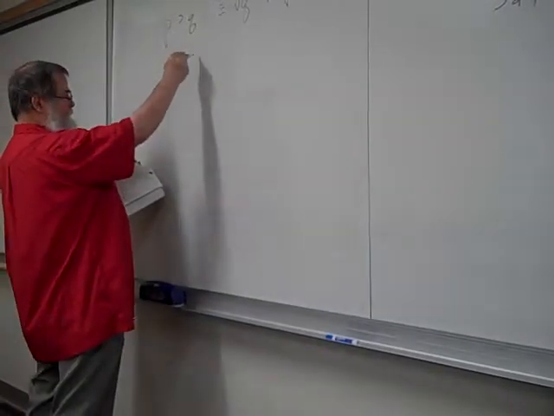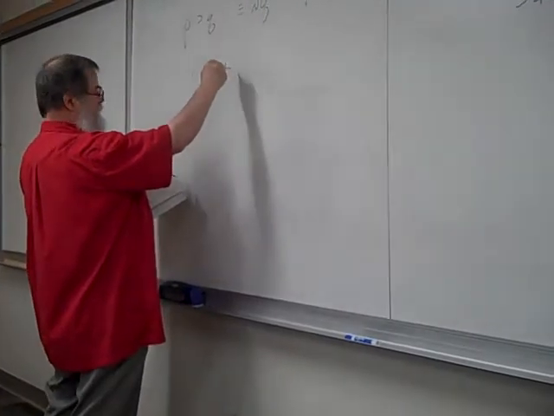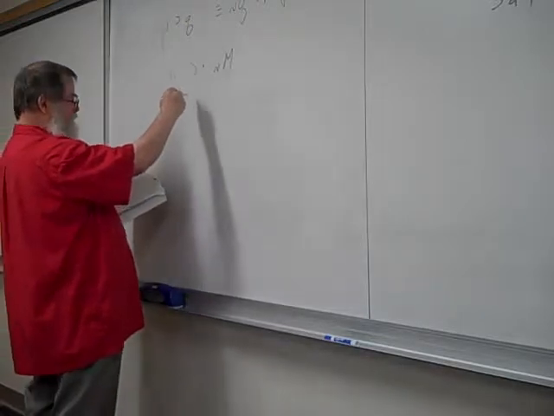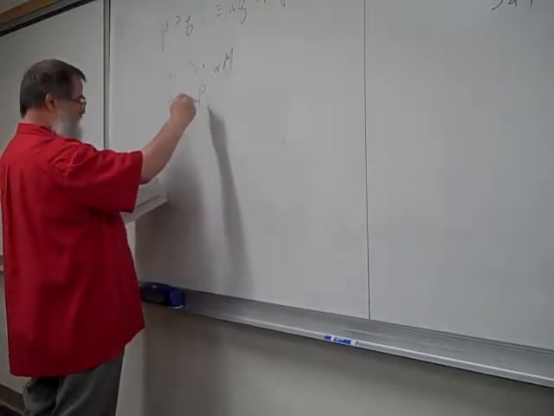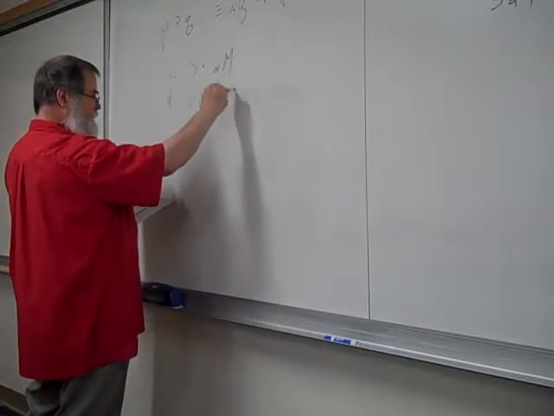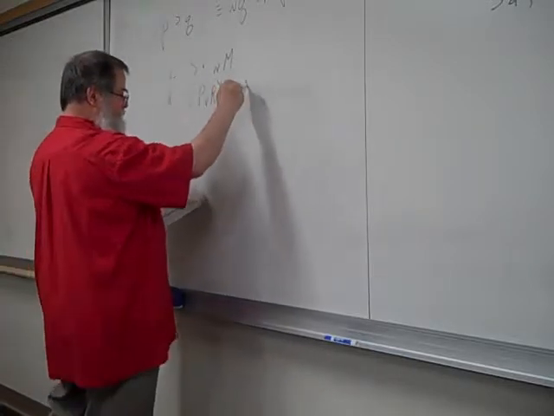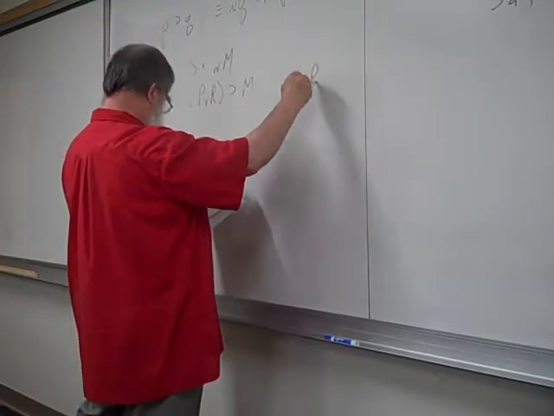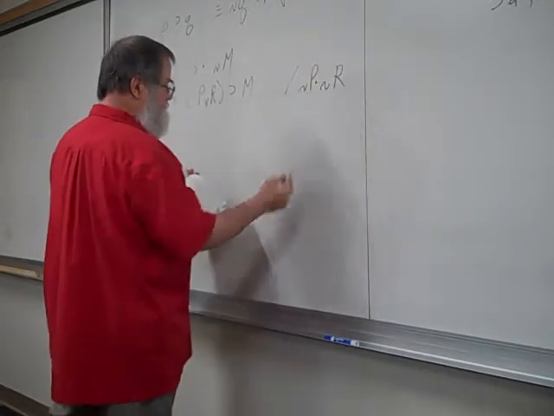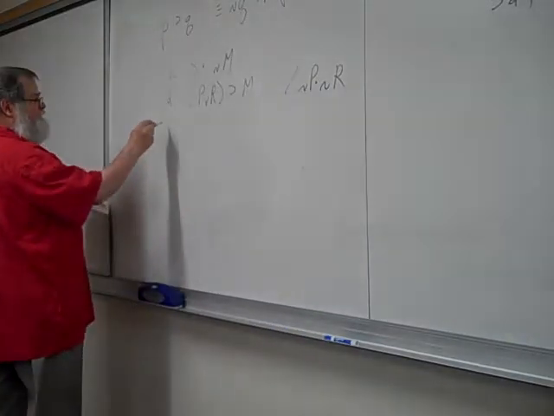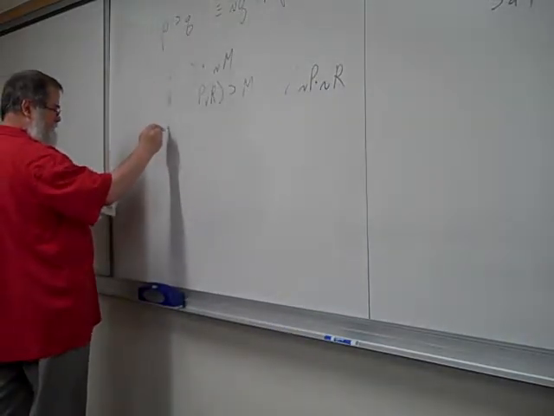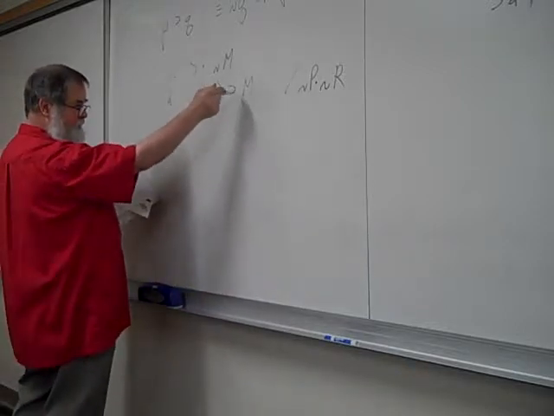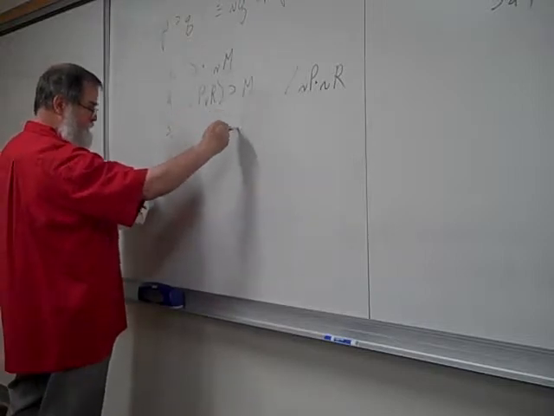So, S and not M. Premise 2, if P or R, then M. And the conclusion is not the case P and not the case R. The suggested steps to prove this: step 3, using transposition on line 2, right?